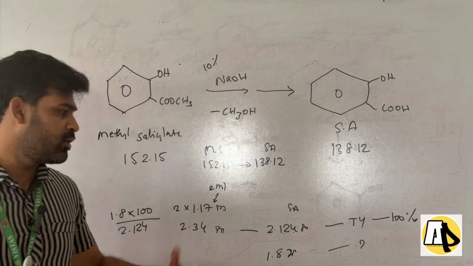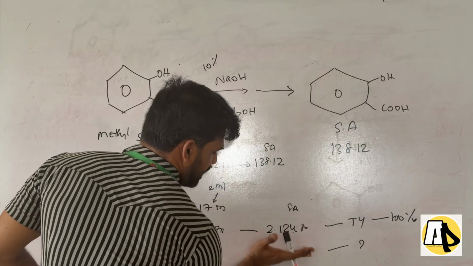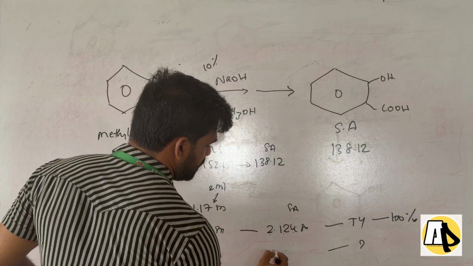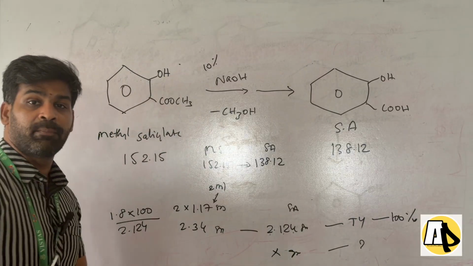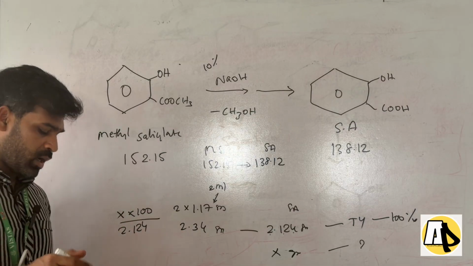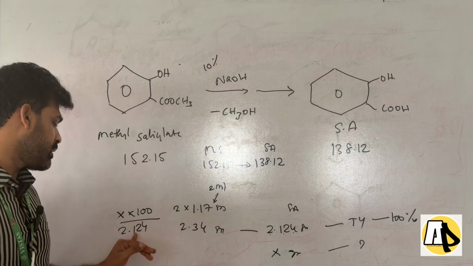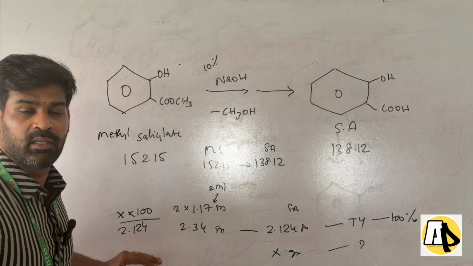So as of now we did not proceed for the experiment. So let us assume the practical weight of salicylic acid is x gram. So to calculate the practical yield, it will be x into 100 by 2.124. So that is our practical yield.